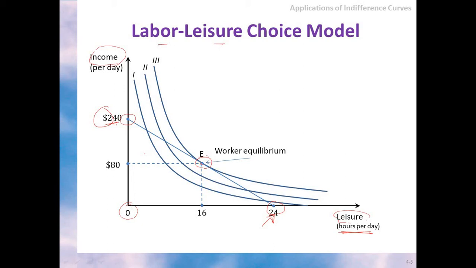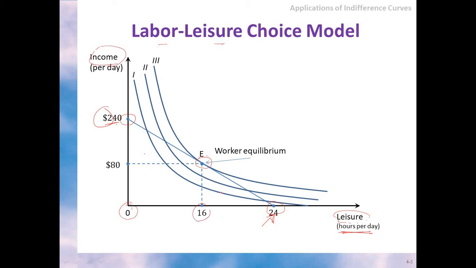Similar to what we have seen before, indifference curve 3, where it is tangent with the line, is the point where this worker will get the highest level of satisfaction.